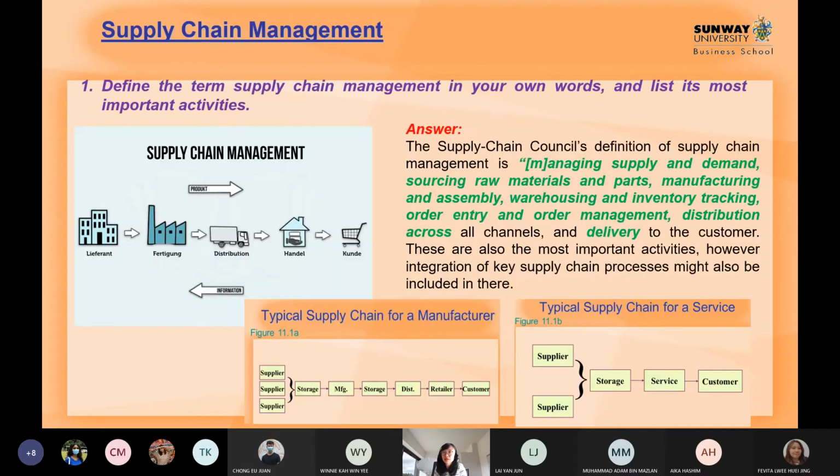So you define the term supply chain in your own words. What are the main activities? You manage the supply and the demand. When you have high demand, you make more supply. When you have low demand, you control. Otherwise, nobody wants to buy.